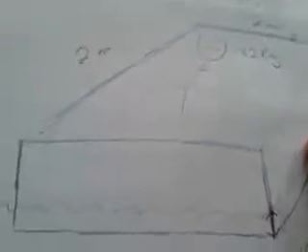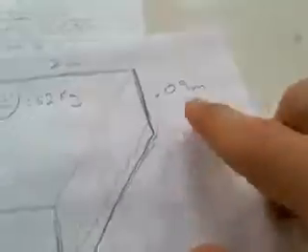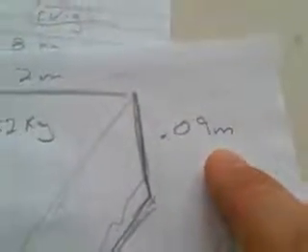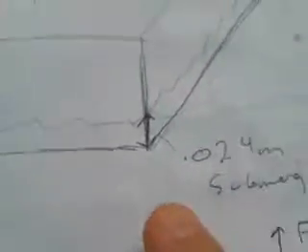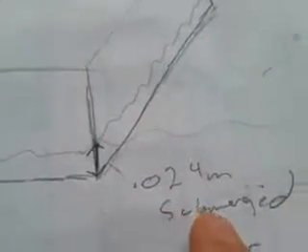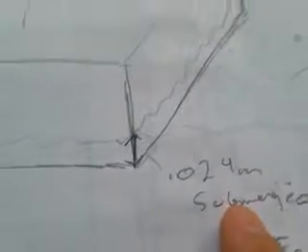It's made of styrofoam. The dimensions of the raft are 2 meters by 2 meters, and the total height of the raft is 0.09 meters. Of those 0.09 meters, only 0.024 of them happen to be below the surface of the water.